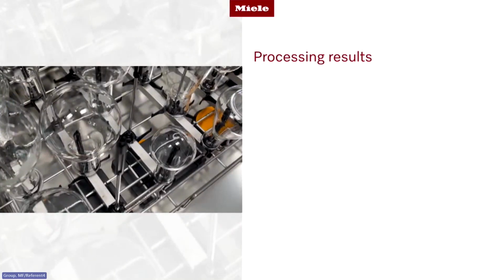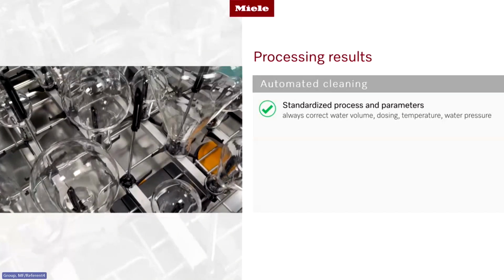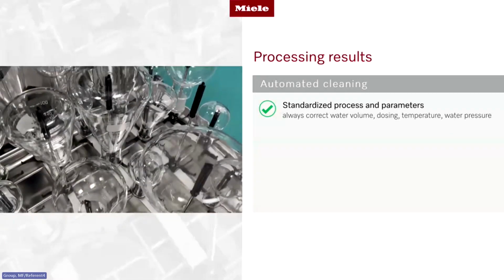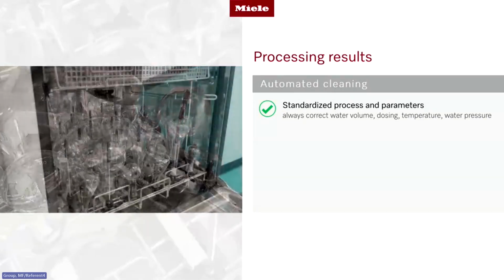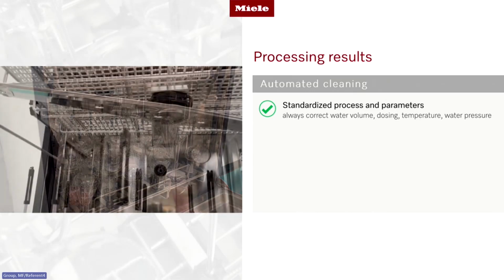In automated cleaning, the entire cleaning process, from pre-cleaning, cleaning, rinsing, disinfection, and drying, is completely controlled by the machine. Each program automatically uses the correct amount of water, water temperature, water pressure, and dosing of the cleaning agent.